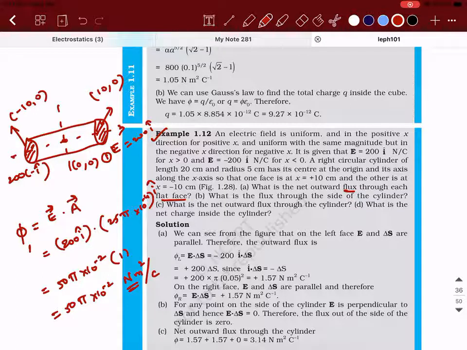But what is their expectation? They want the net outward flux through each flat face. So we calculated through the first one. Second one, I'm giving you 1 minute time. Calculate it fast and tell me what it is. Do it fast.